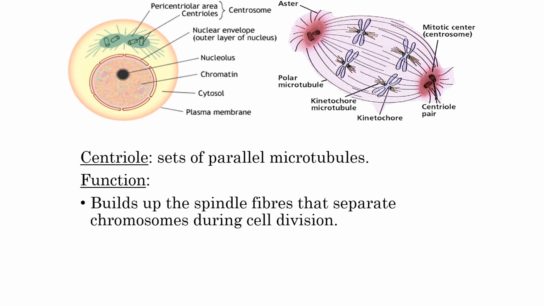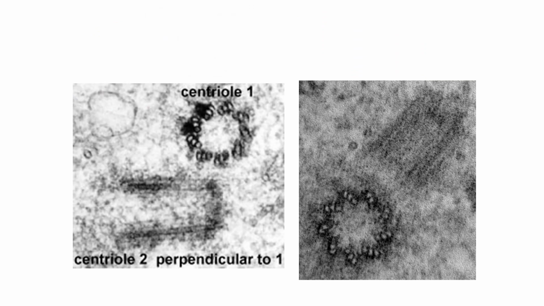Our centrioles build up spindle fibers, and whenever our cells are replicating, those spindle fibers pull chromosomes apart, okay? So that is what our centrioles do. And you can see an electron micrograph of our centrioles in an actual cell.